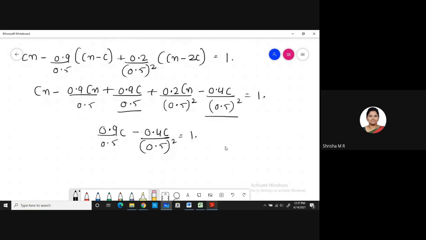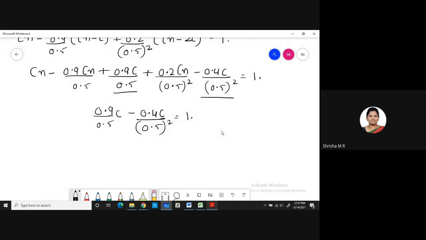So what do we get? You solve this, you get 1.8 C minus 1.6 C is equal to 1. So you have 0.2 C is 1. So C is equal to 1 by 0.2, which is equal to 5. So we have got C as 5.